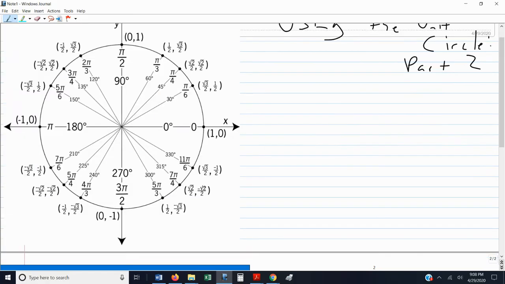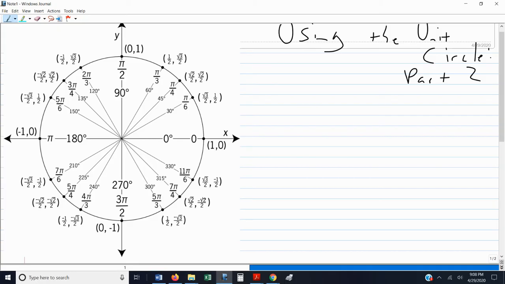So what I want to do is show you just one example. We're going to use 315 degrees, a pretty straightforward one, and we'll see more complicated examples as we go forward. But in this video, I just want to give you one example of this. So let's do the sine and the cosine and the tangent.